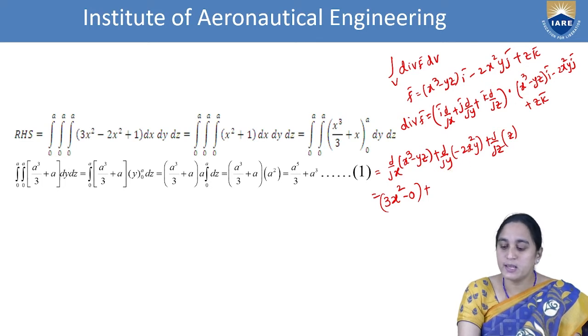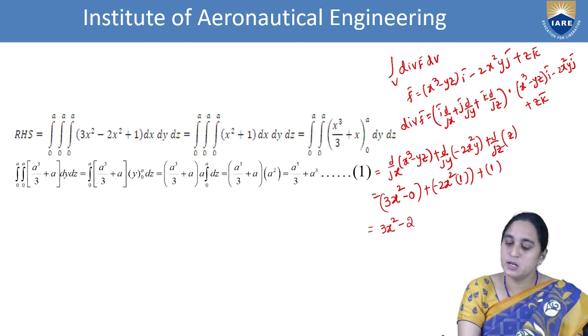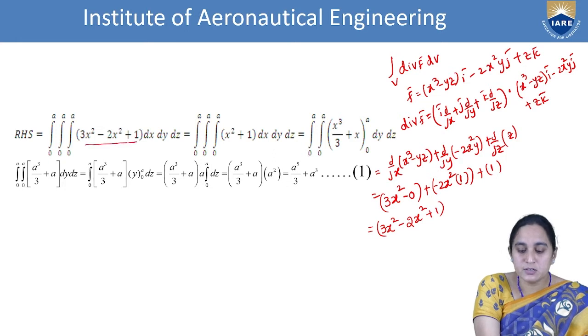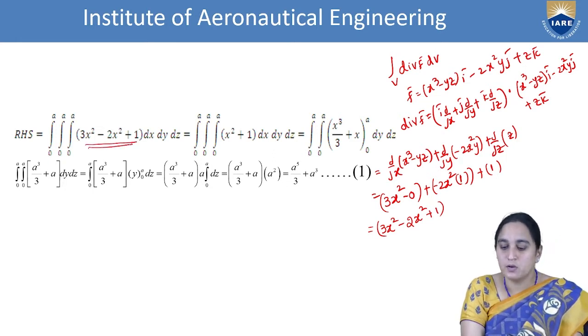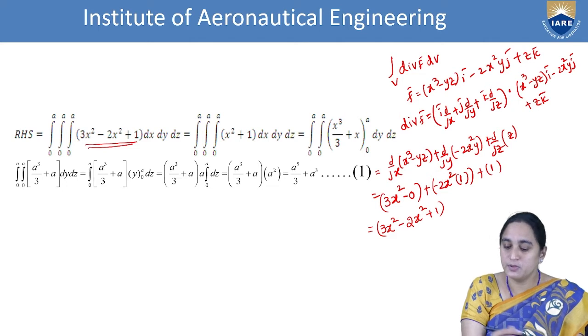With respect to y, x square is constant and the differentiation of y is 1, so minus 2x square into 1. Plus dou by dou z of z only here, that is 1. Therefore, that is equal to 3x square minus 2x square plus 1. This is the divergence of f bar.